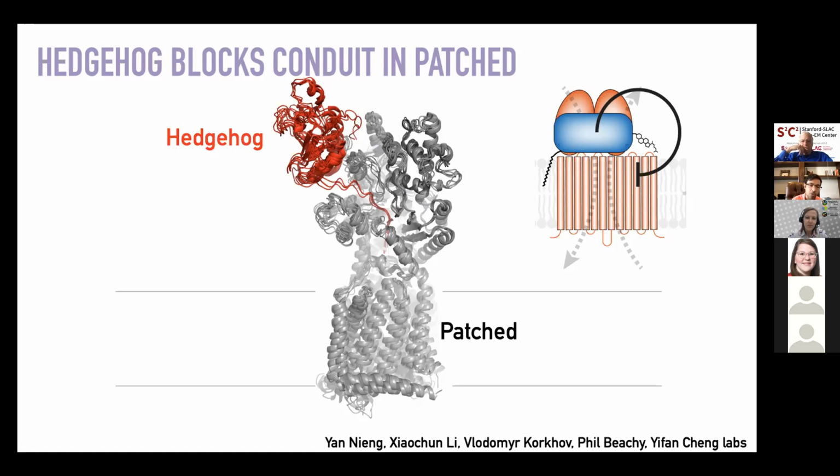It's not just that lipid part, that blocking the conduit is important. You can actually block the function of patched not just by plugging the conduit, but by sterically preventing its conformational transitions.